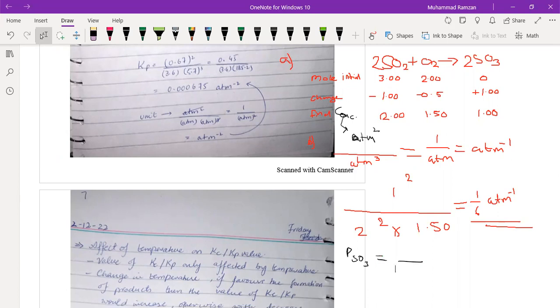In gases it is easier to use partial pressure instead of concentration.